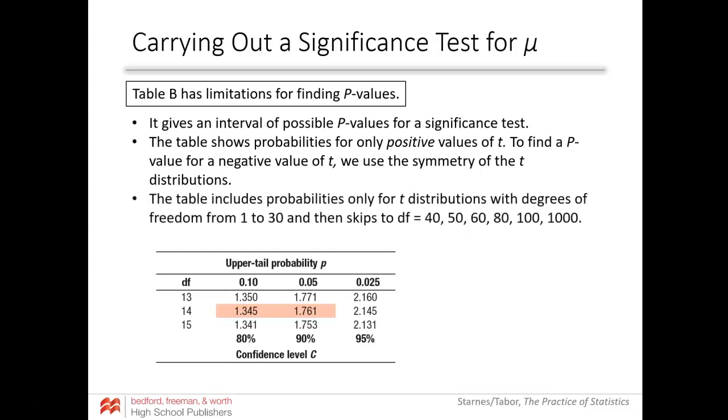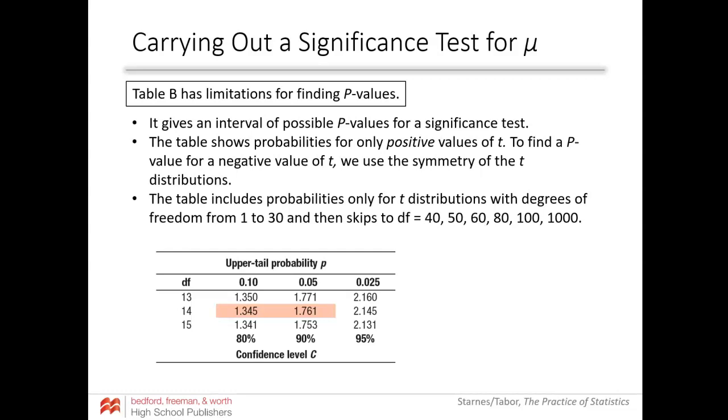And then the degrees of freedom, it doesn't hit every integer, right? So it goes from 1 to 30, and then they start skipping by tens until they get to 100. Well, actually, no, not even tens. They skip by tens for a while, then 20s, and then they start skipping by a lot. So remember on the degrees of freedom for table B, if you had a true degrees of freedom of, let's say, 92, well, it's not on the chart.